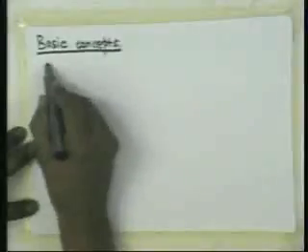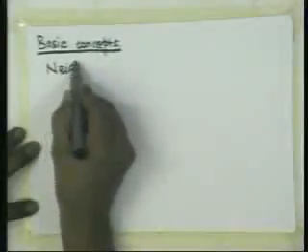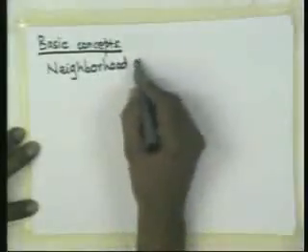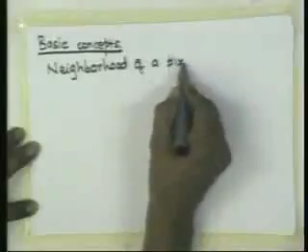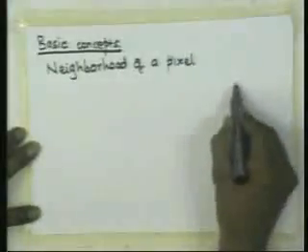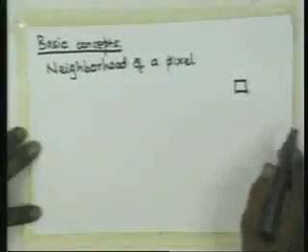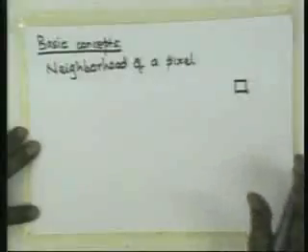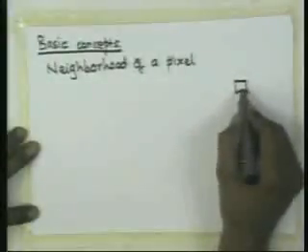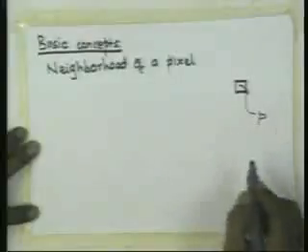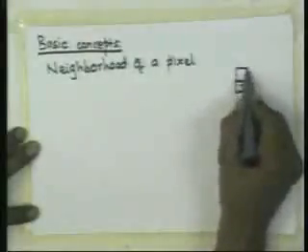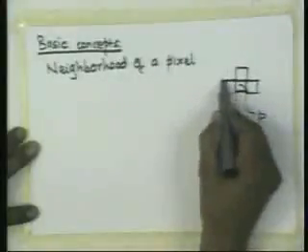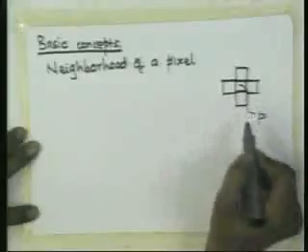First thing is the neighborhood of a pixel. If I have a pixel here, there are some neighboring pixels. There are different types of neighbors I can define. So this is my pixel, say P. Then I have a neighboring pixel here, here, here, and here.